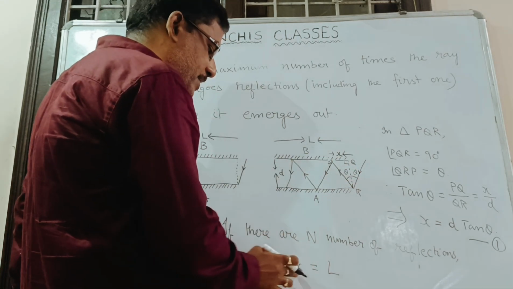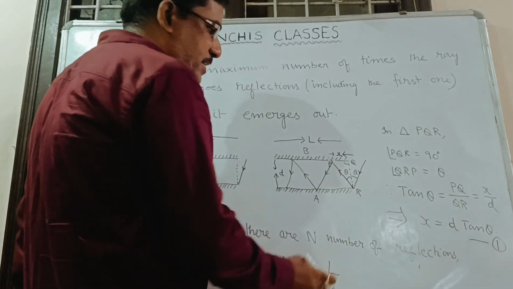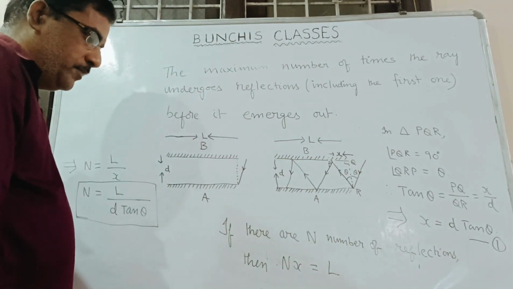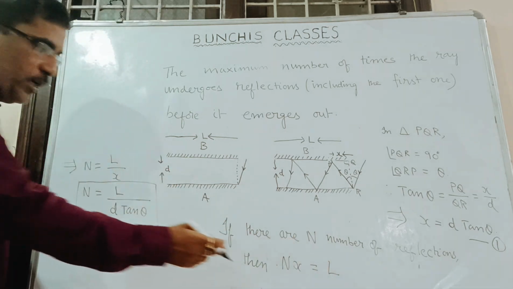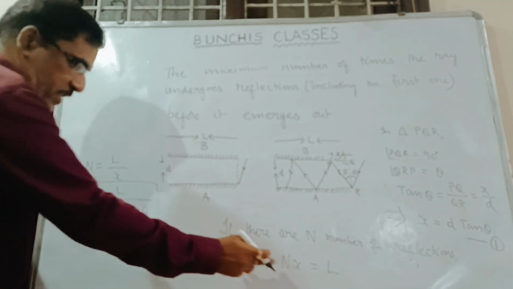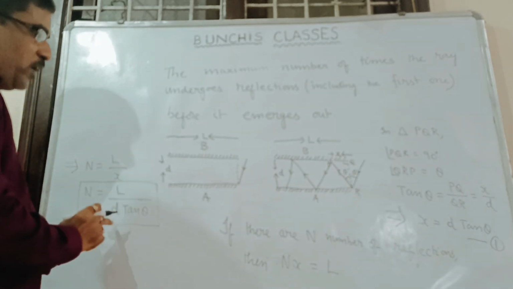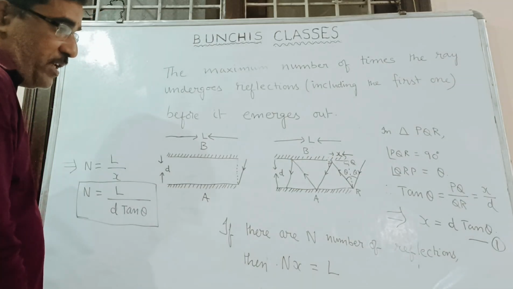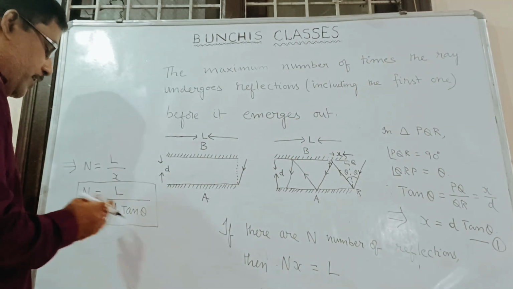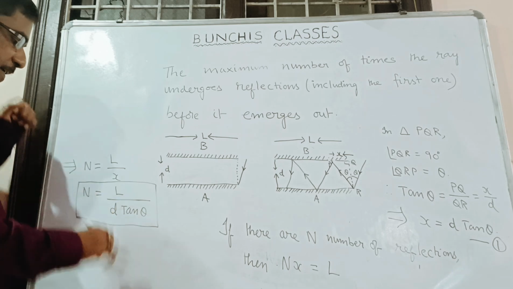Then n into x will be equal to the total length of the mirror. Nx is equal to L. From this we can calculate the number of reflections. Number of reflections n is equal to L by x. What is x? From equation 1, x is equal to d tan theta. So n is equal to L by d tan theta.